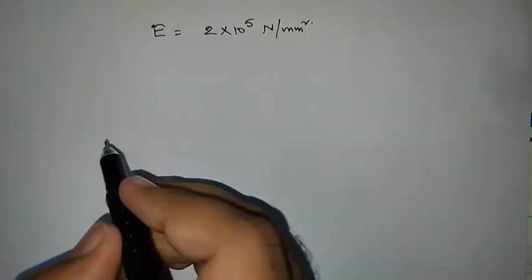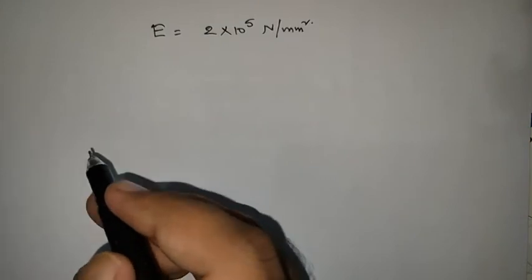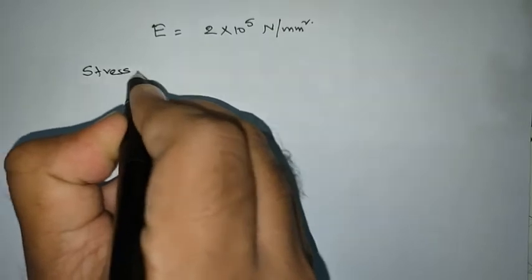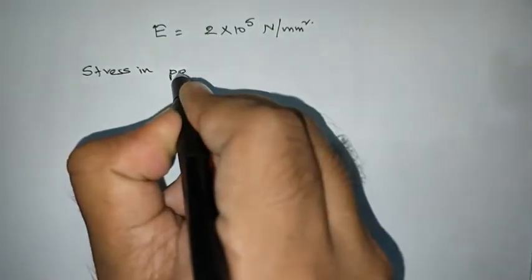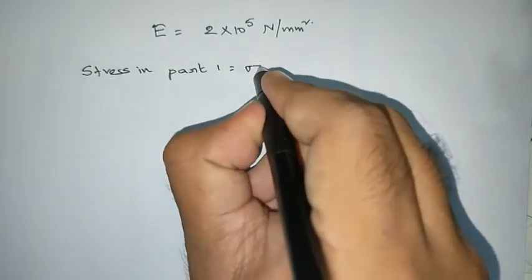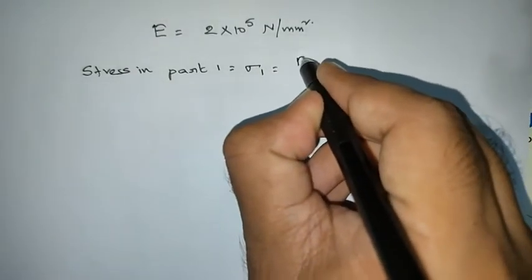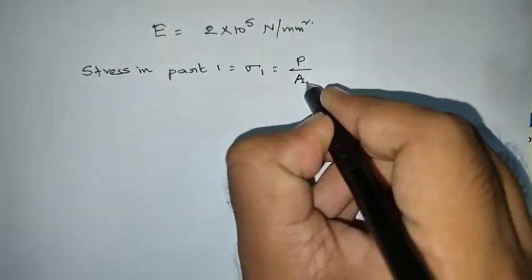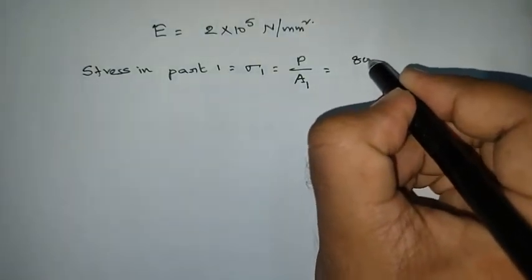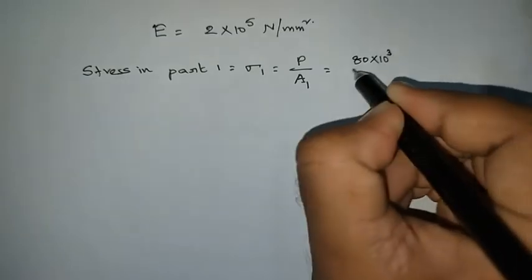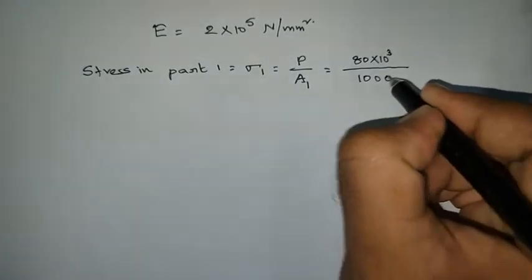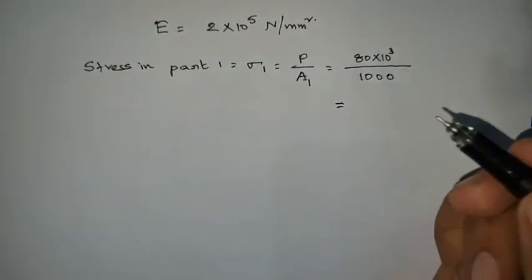First I am going to calculate the stress in part 1. Stress in part 1 is sigma 1. What is stress? Load by area of part 1. The load value is 80 kilonewtons, that is 80 into 10 cube, by the area value 1000.